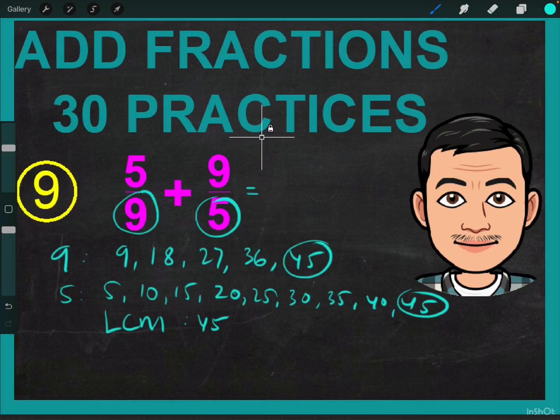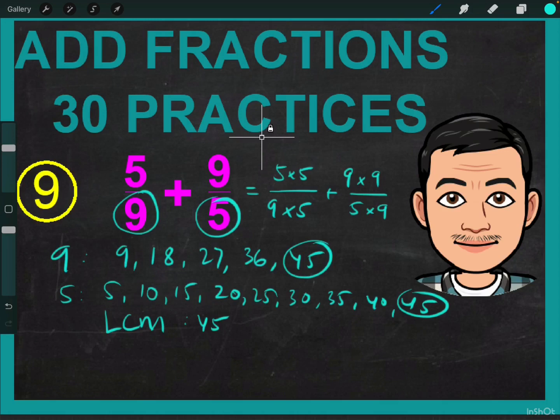So now we convert the original fractions. For the first fraction we multiply 5 to both the top and the bottom, and for the second fraction we multiply 9 to both top and bottom.